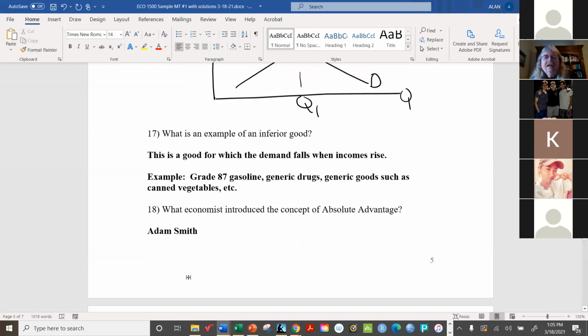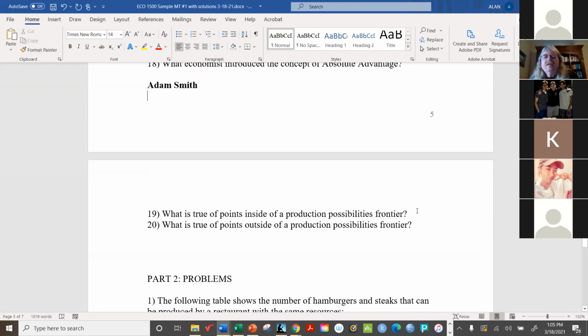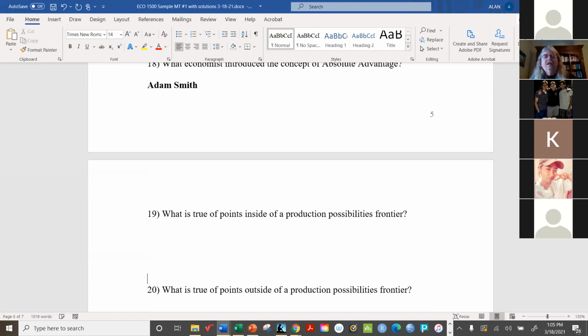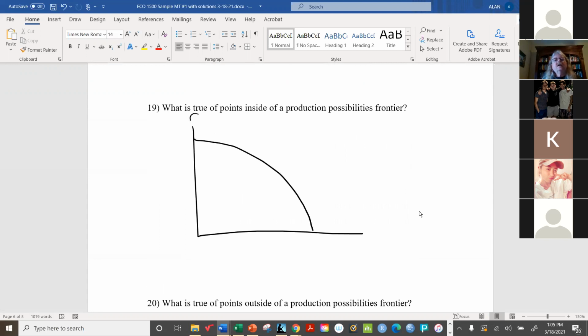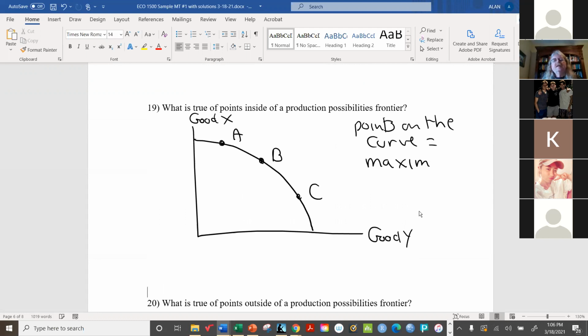Okay. Now, what is true of the points inside of a production possibilities frontier? All right, let's just quickly review this. So just a quick overview. This is good X. This is good Y. And the points on the curve equal maximum efficiency.